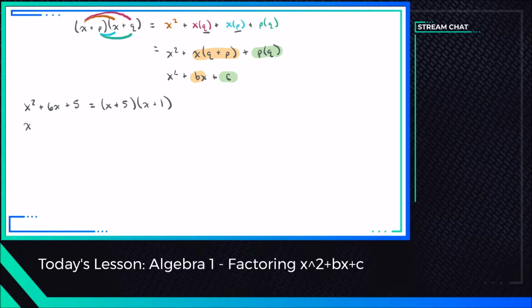Likewise, an x squared minus 6x plus 5 is going to be equal to an x minus 5 multiplied by an x minus 1. I know we didn't actually do anything yet, but this is just our groundwork. We're going to do some different examples and see what happens when our b is positive, when our b is negative, and when our c is negative as well. We'll do that all in due time.